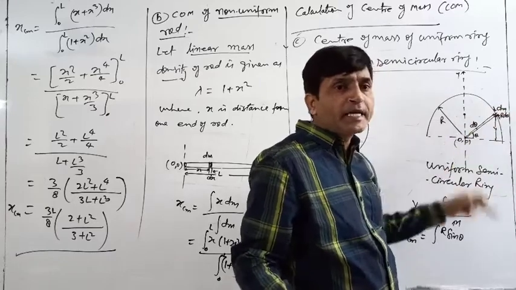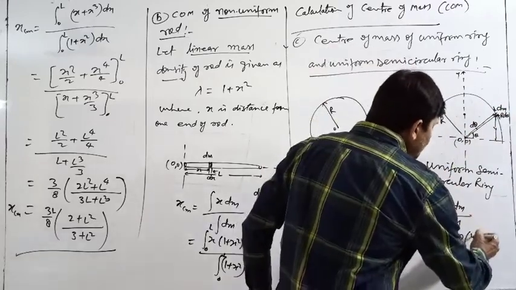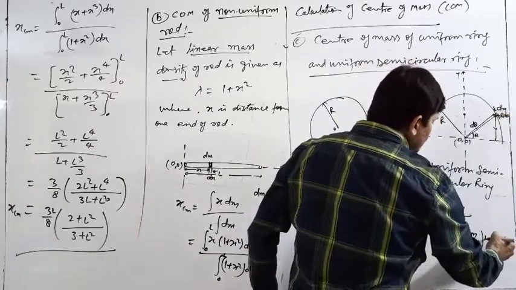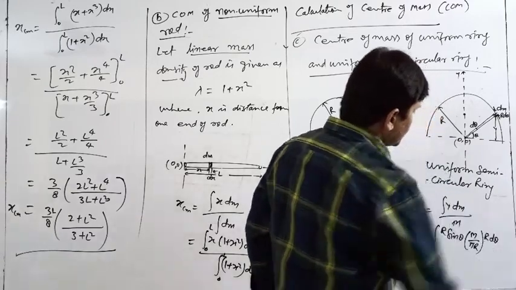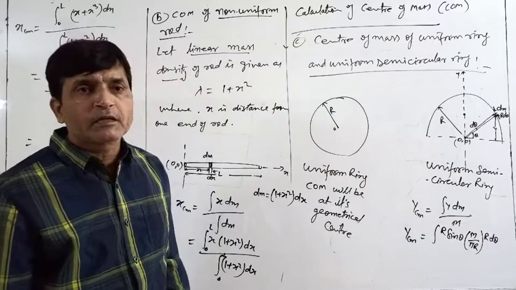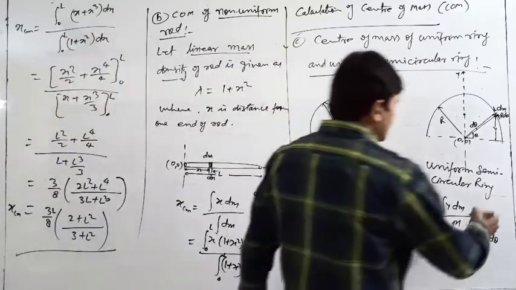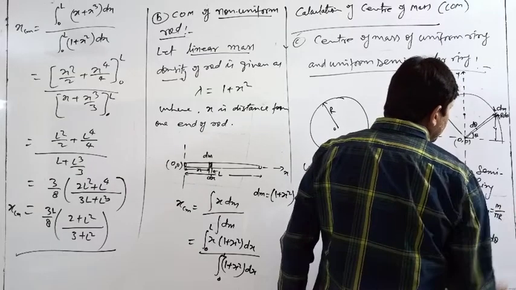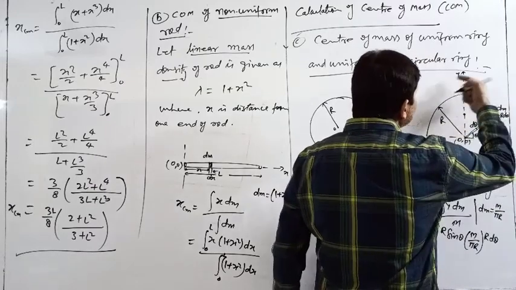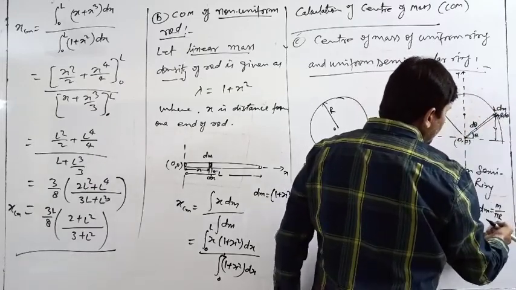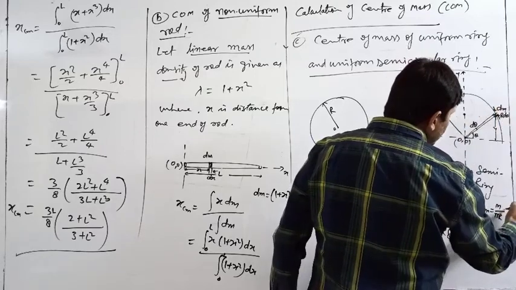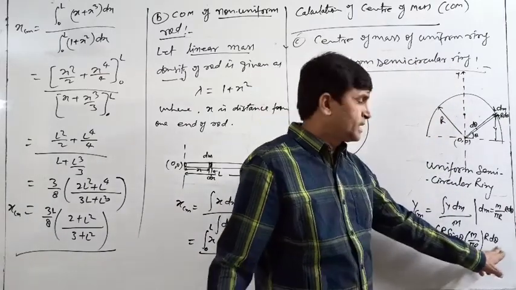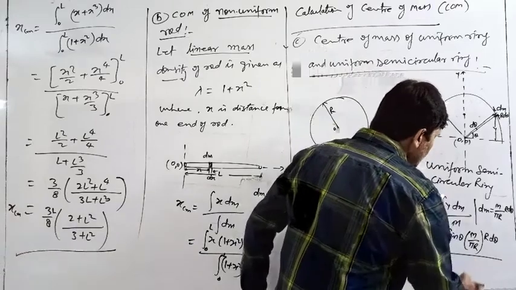Half of the ring is pi r. So dm is your mass by total length pi r into the length of this part, r d theta. Understood this point or not? See, dm is equal to mass per unit length. Length pi r, mass m, mass per unit length m by pi r, and this length is r d theta. So dm is m by pi r into r d theta, divided by total mass.